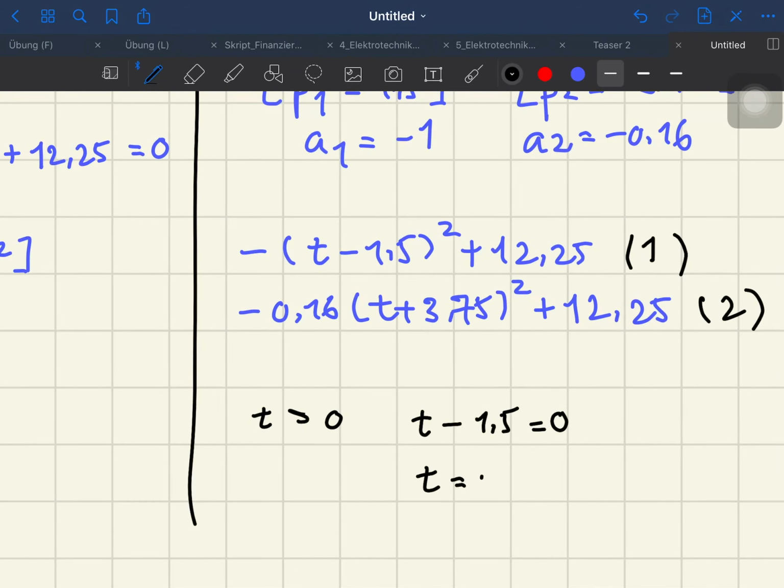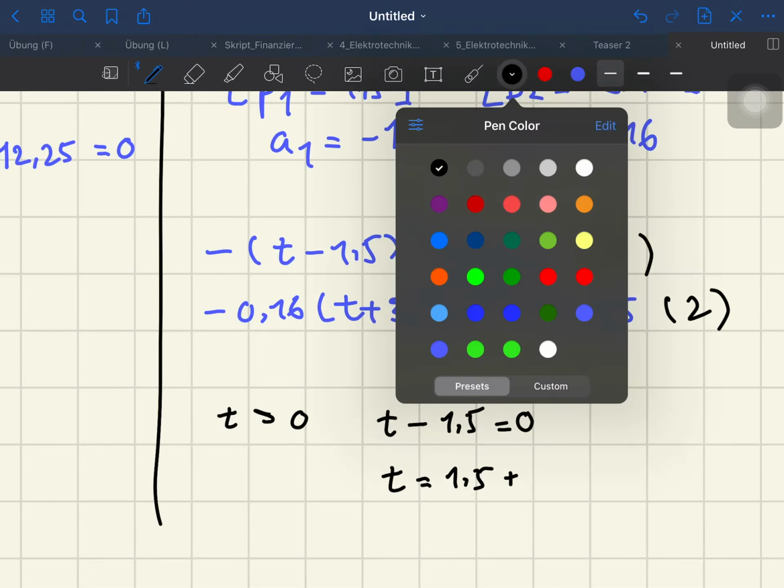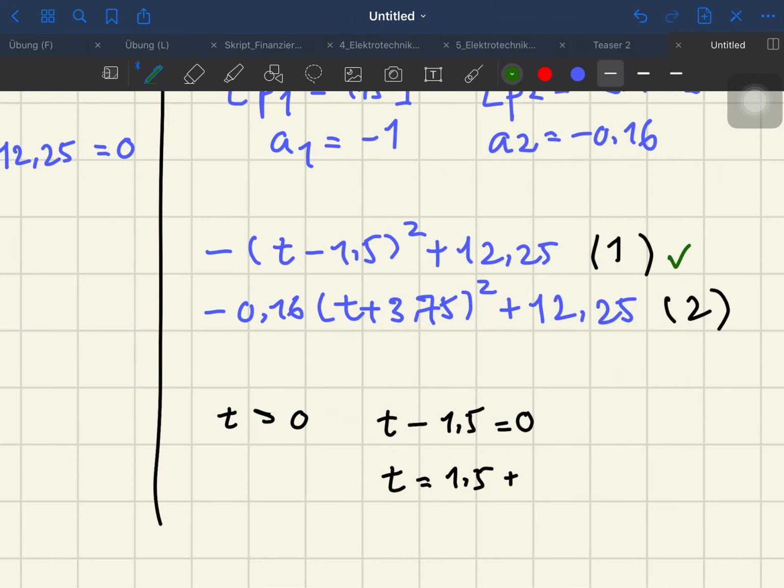So t must equal 1.5, and this is positive, which means pair 1 is correct. I use the green pen to show that this is correct.